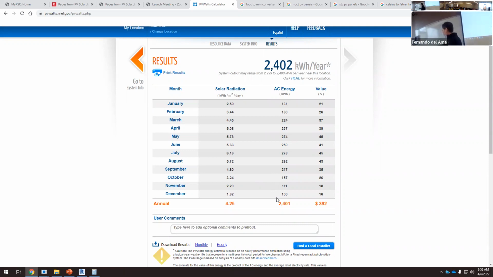The DC size before was 4. Now the DC size is 2.035, and the total energy is 2,401 kilowatt hours per year.